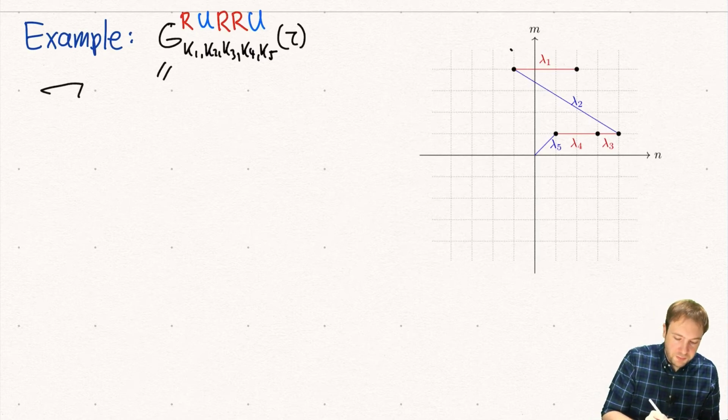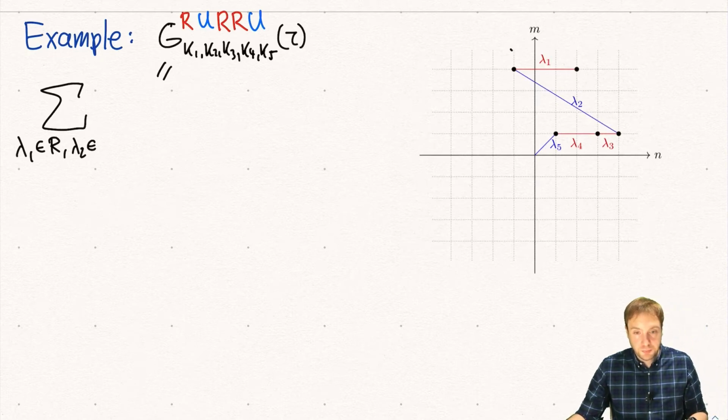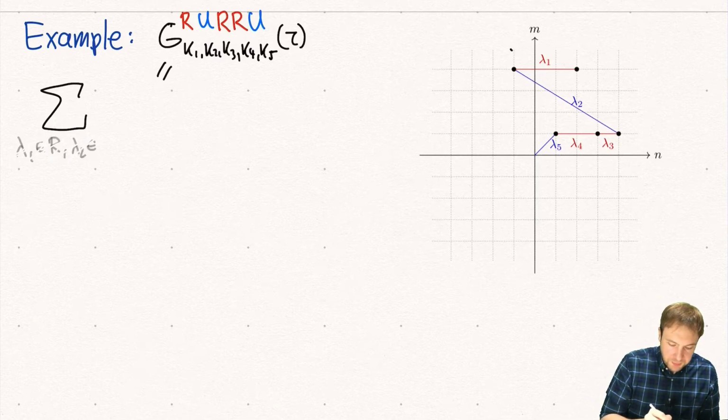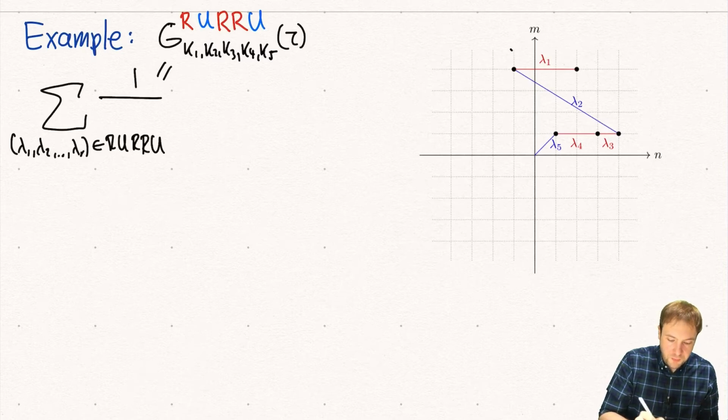By definition, this means that we have the sum where lambda 1 is in R, lambda 2 is in U. Let me write it like this: lambda 1, lambda 2, up to lambda r is in R, U, R, R, U, over lambda 1 plus lambda 5.